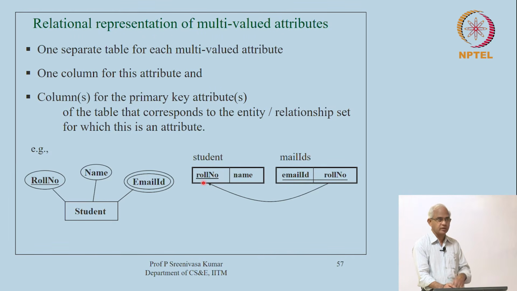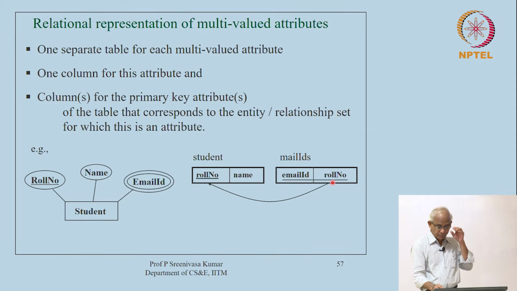We said they will be dealt with separately. So, now take up this multi-valued attribute and create a separate relation for that. You will have to invent the name for the relation, and then introduce this attribute name and then the primary key of the entity for which this is a multi-valued attribute, and then make them together the key.